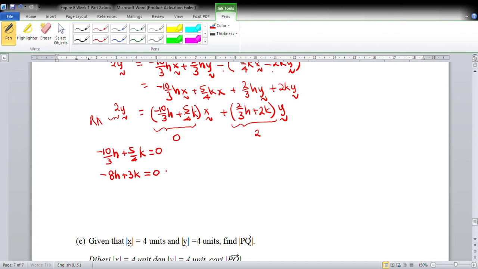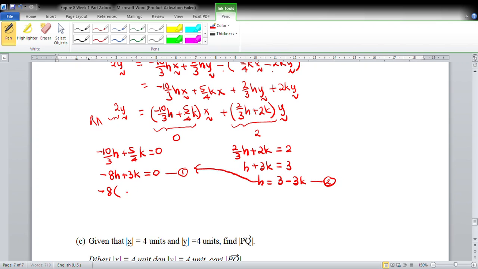Okay, one equation. And then from here, you simplify, you get this. And h is equals to 3 minus 3k. Okay, so you substitute this into your equation 1. So you get negative 8, 3 minus 3k plus 3k is 0.